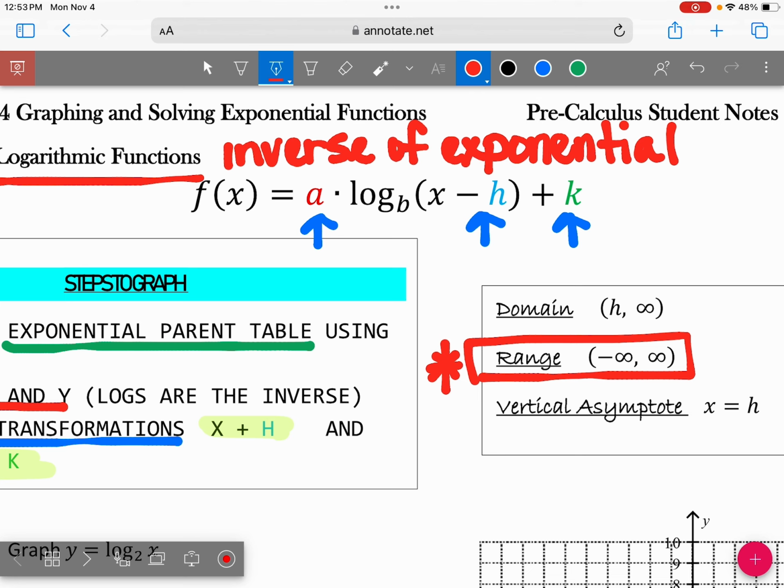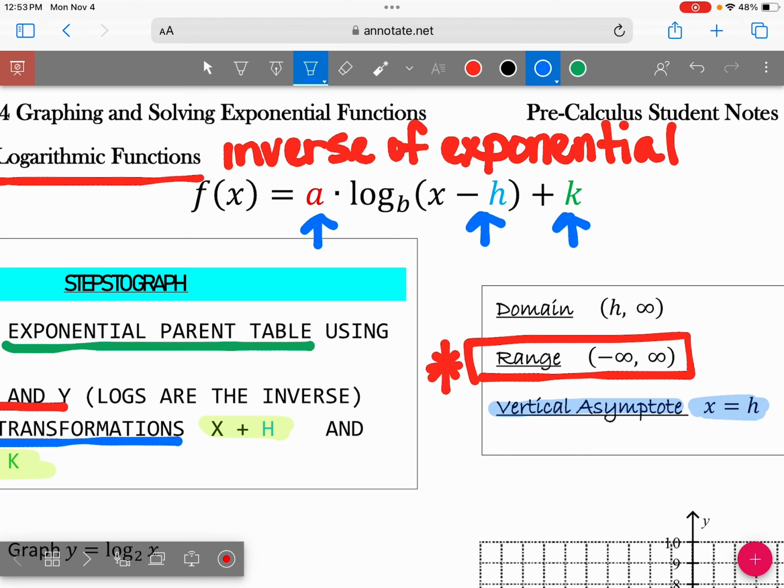On your test, November 21st, if you're asked to graph a log, remember that the range will be all real numbers. And then what's the opposite of horizontal? Vertical. So instead of having a horizontal asymptote like we had in an exponential, now we have a vertical asymptote. And that vertical asymptote is going to be wherever your h value is.